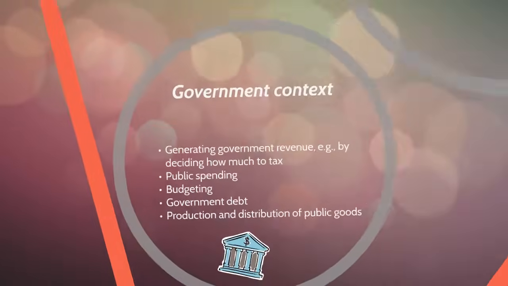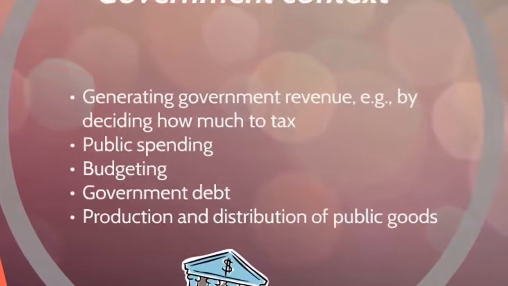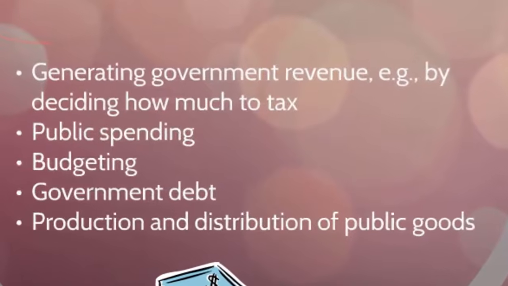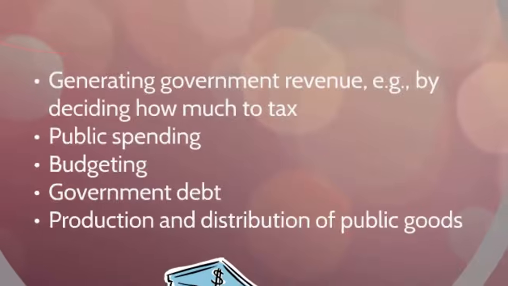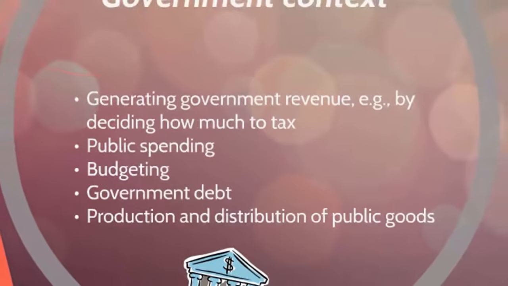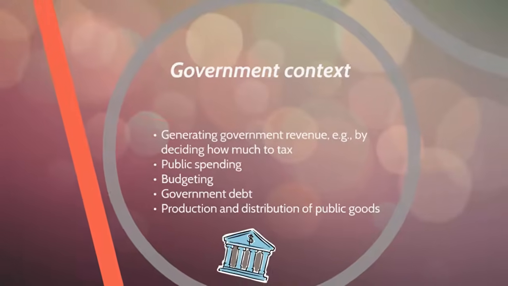Government context. In the government context, finance will be dealing with generating government revenue, for example, by deciding how much to tax, public spending, the amount of public spending, budgeting, government debt, production and distribution of public goods.